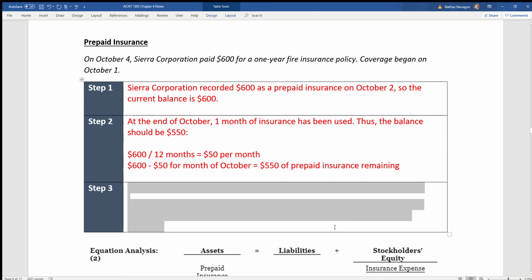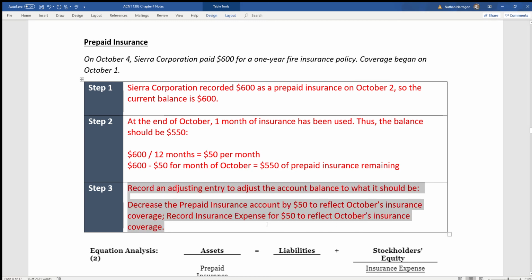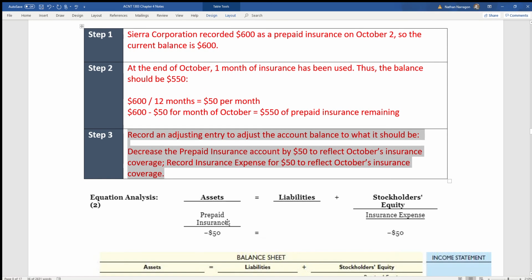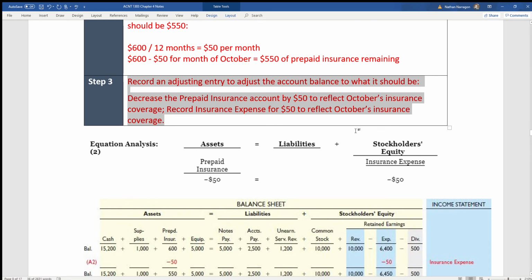So which accounts is this going to affect? Well, one, the prepaid insurance account. We're going to reduce it by $50 because we used up 50. And then we're going to use its sister account, insurance expense, and show an increase of this $50. So our equation analysis, again, the book wants to keep it the same to show that overall this side will decrease and assets will decrease.